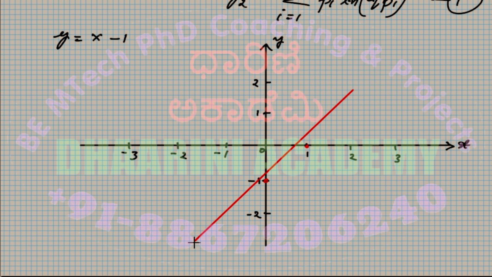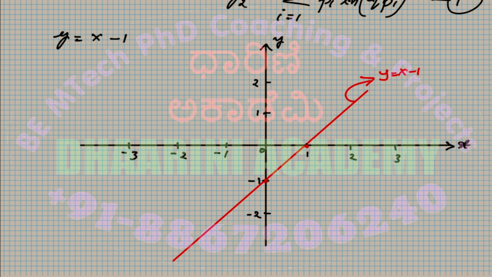Let me try to draw this line as accurately as possible. Okay, this is the most appropriate straight line. So this is the line y is equal to x minus 1. I'll justify why I am trying to draw this.